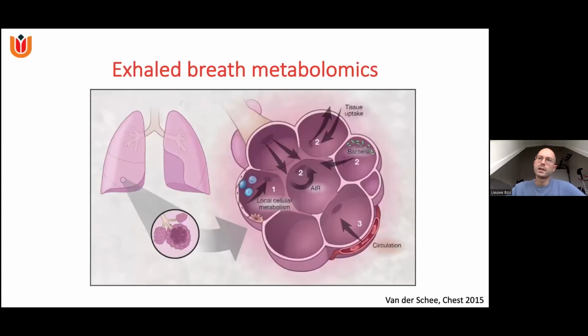We also know that the organic compounds found in exhaled breath do not only originate from local cellular metabolism, but can have many origins. They can represent, for example, the host response within the lungs, but they can also come from the inhaled air.